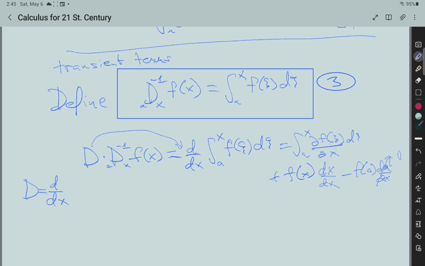And of course f of c is independent of x, so this goes to 0 as well.